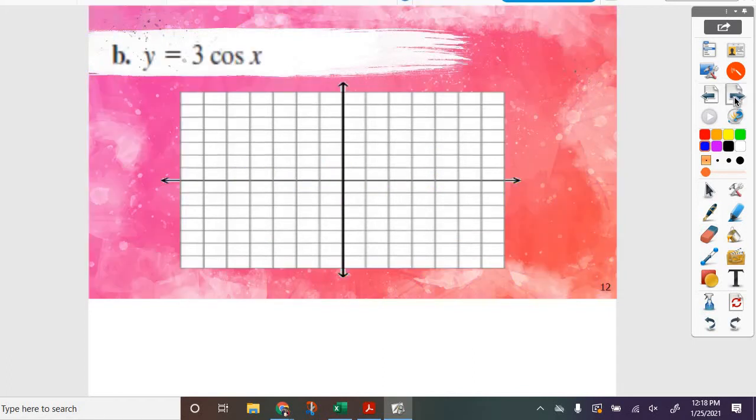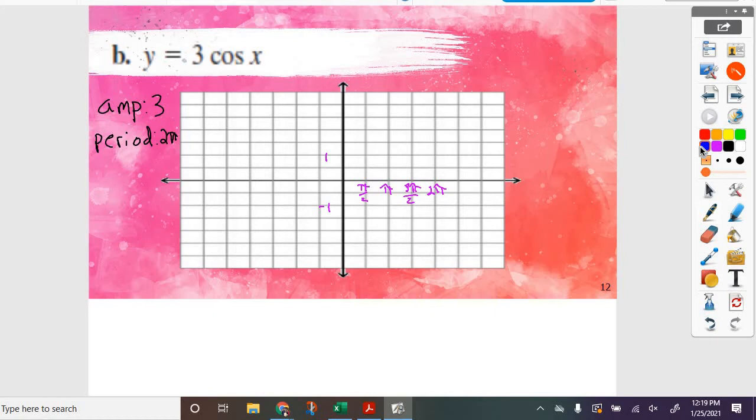So this time we have y equals 3 cosine. So again, what is our amplitude? 3. What is the period? 2 pi. Yep. So this time, instead of compressing it, what has happened to our graph? Again, because I don't have a new b value, my x-axis does not change.